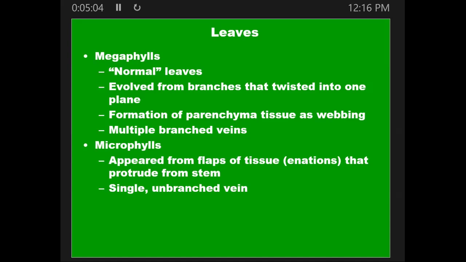So there's kind of two thoughts here to how leaves evolve. Because we're going to find that some leaves are technically the microphyll type leaf when we look at the seedless vascular plants. Actually, most of them are. And then it's really only the fern plants, the ferns, that have the megaphyll within the seedless vascular plants.